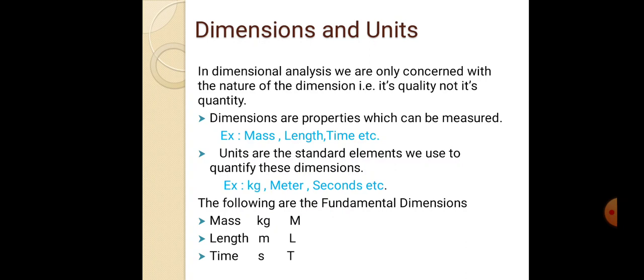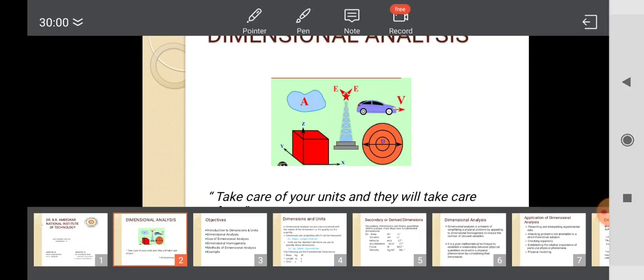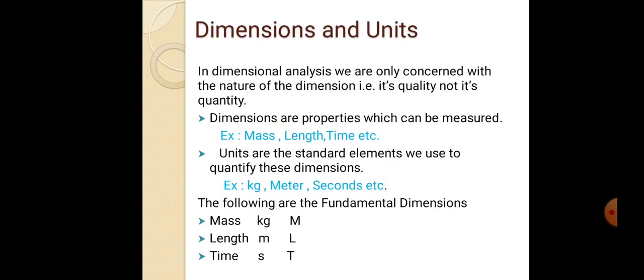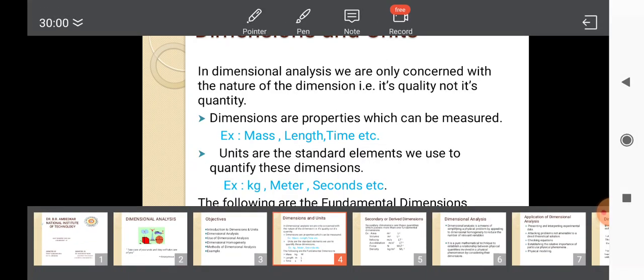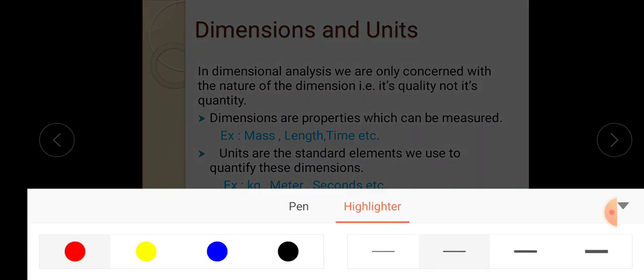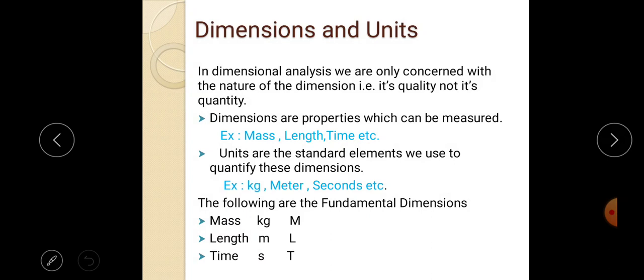Dimensions are basically of two types, the fundamental dimensions and the derived dimensions. The fundamental dimensions are like mass, with dimension M, and the unit is kilogram in MKS, meter kilogram second.